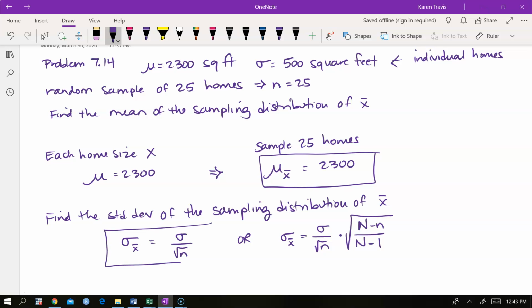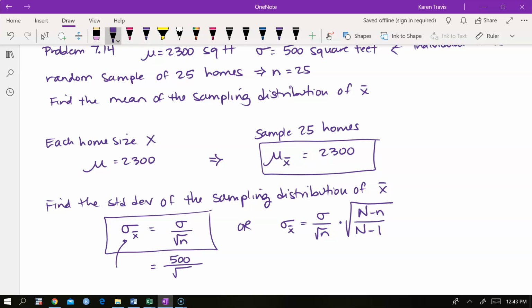So we're going to use this, which tells us what's going on when you sample is that the standard deviation of the answers that you can get is going to come from the same standard deviation as the original homes, but divided by the square root of the sample size that we're looking at. So our final answer is going to become 500 over 5, or the standard deviation of the sampling distribution of X bar is going to be 100.